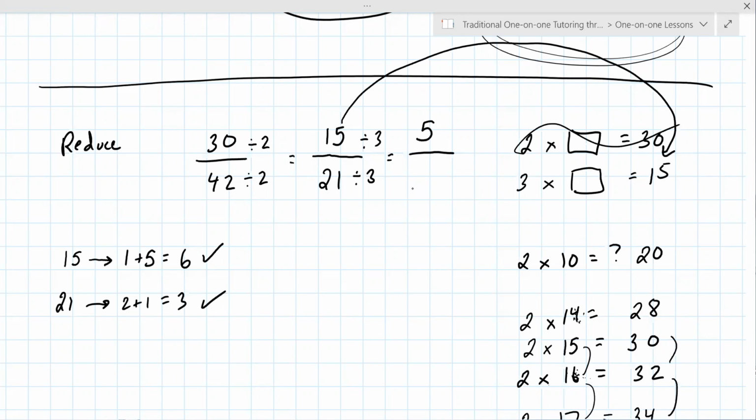It's 3 times 7, right? That's correct. Very good.